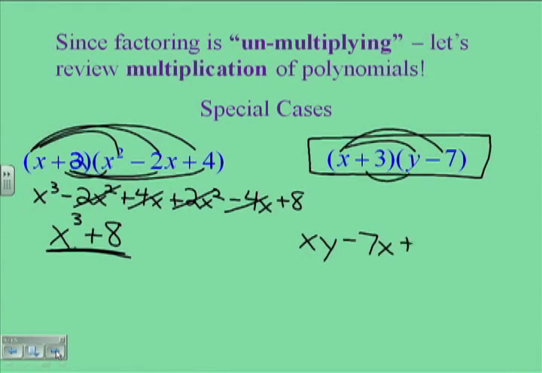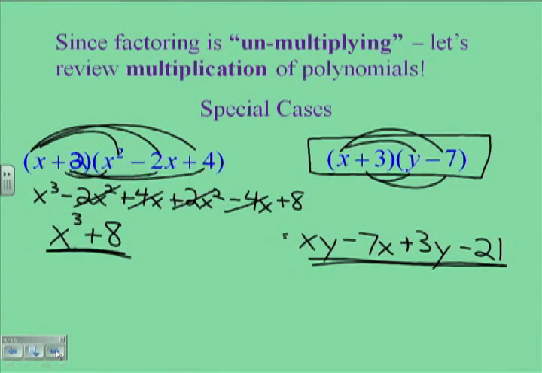Inners, I get a plus 3y. And last times last, I get a minus 21. And you look at that and say, there is nothing I can do with that. That is my answer for multiplying that all out. Okay? We'll also work on factoring those.